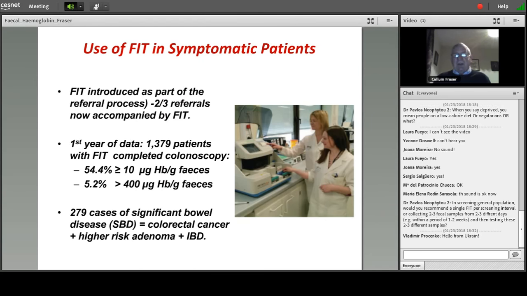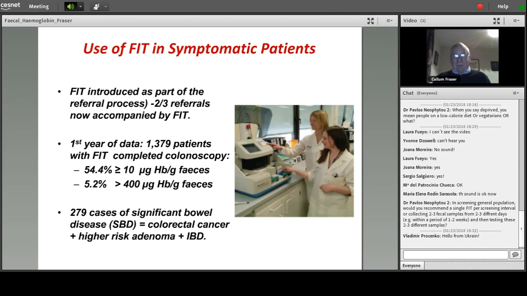So here's FIT in the symptomatic patients, and this is Judith and Becky in our laboratory in NHS Tayside. 2/3 of the referrals now are accompanied by a FIT. And going back and looking at the first year of data, almost 1,400 patients with a FIT completed colonoscopy.